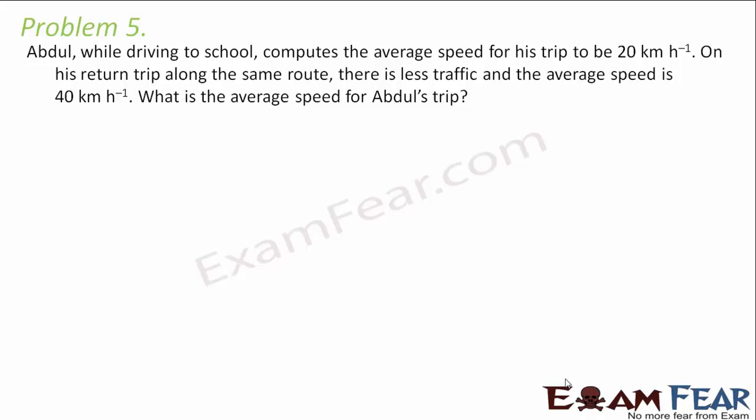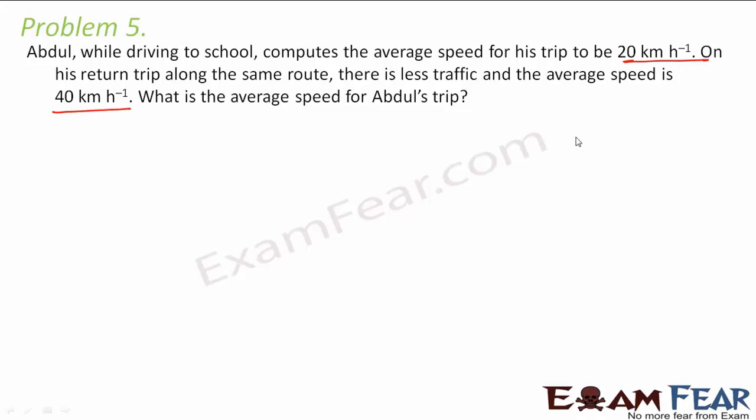It says, Abdul, while driving to school, computes the average speed for his trip to be 20 kilometers per hour. On his return trip along the same route, there is less traffic and the average speed is 40 kilometers per hour. So what is the average speed for Abdul's trip?